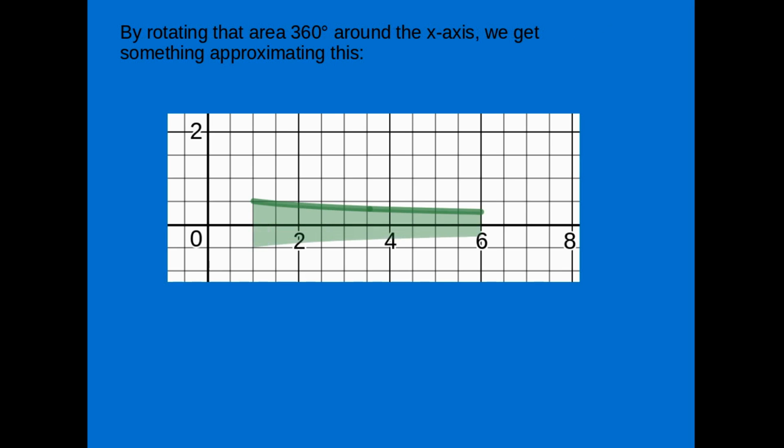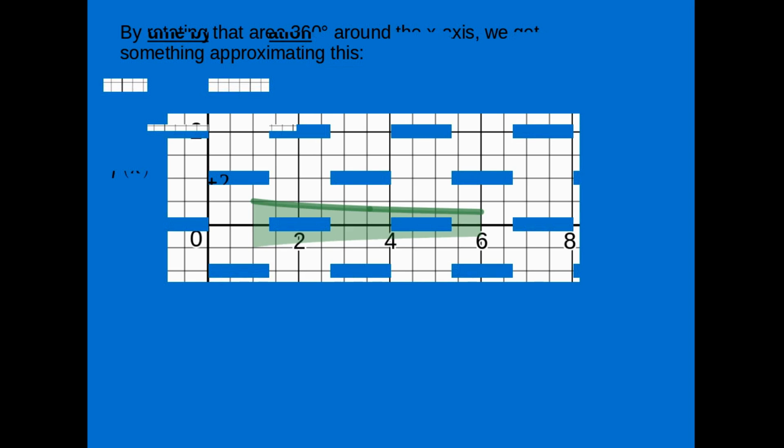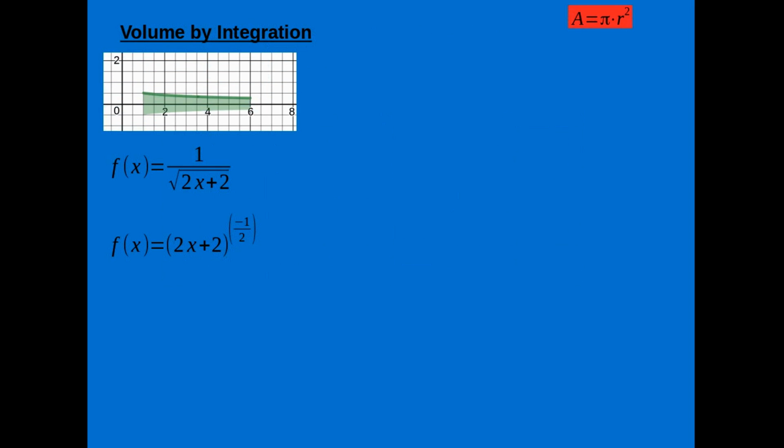We'll rotate this area 360 degrees around the x-axis and get something approximating this. Now there's no known formula for this shape, so we're going to go right to the integration step.